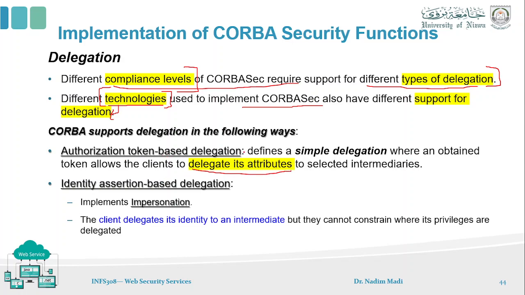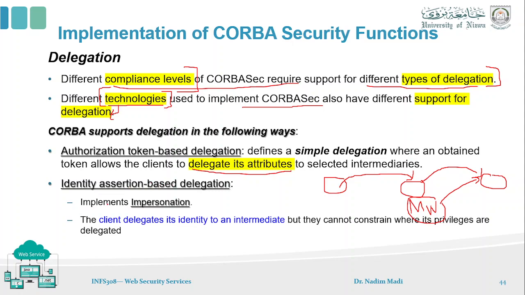It defines a simple delegation where the obtained token allows the client to delegate its attributes. This happens as we have seen before: the client will delegate its resources, or its attributes, to the middleware, and then the middleware will use its own credentials in order to talk to the server. So that's the simple delegation.